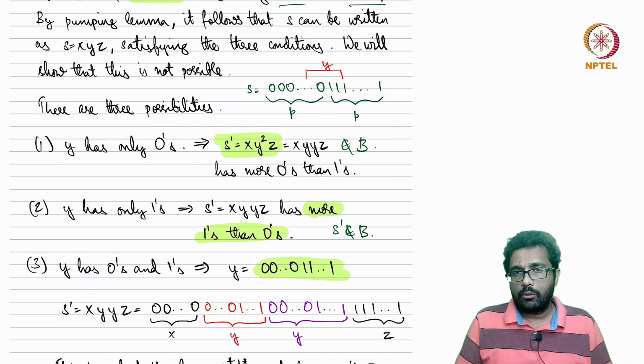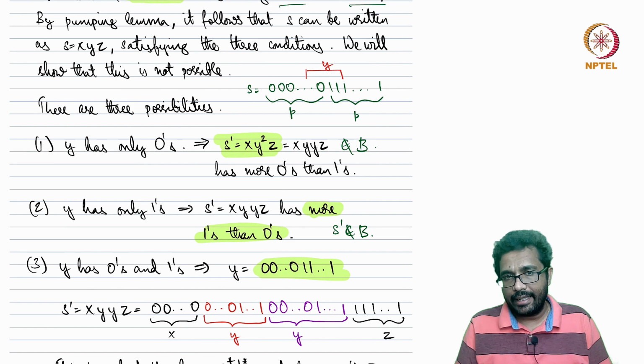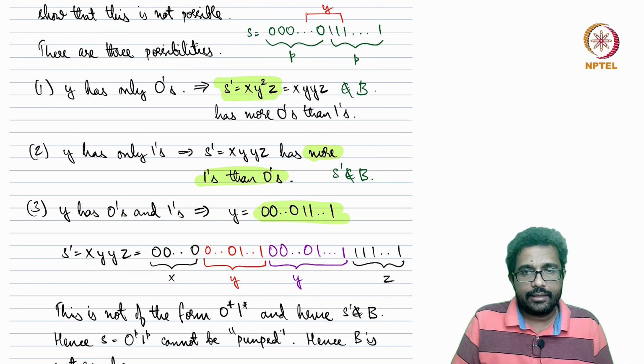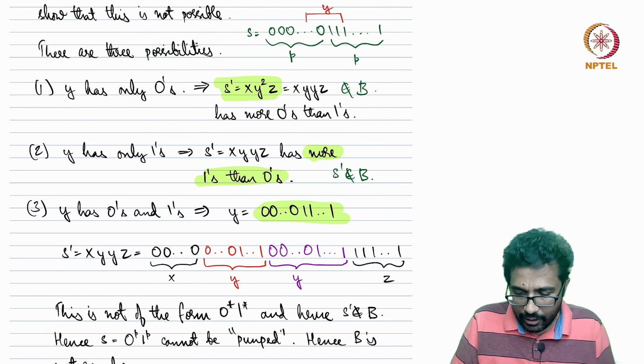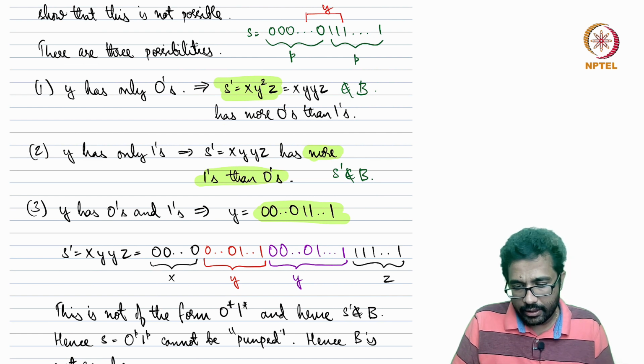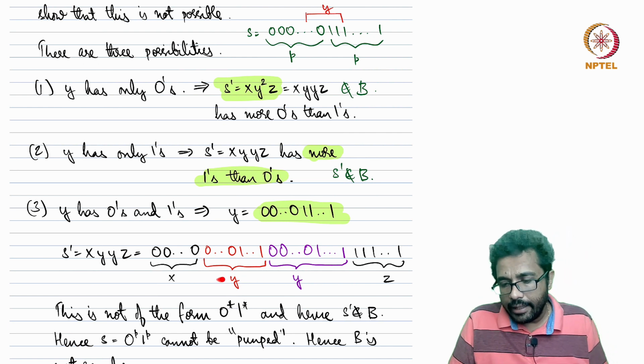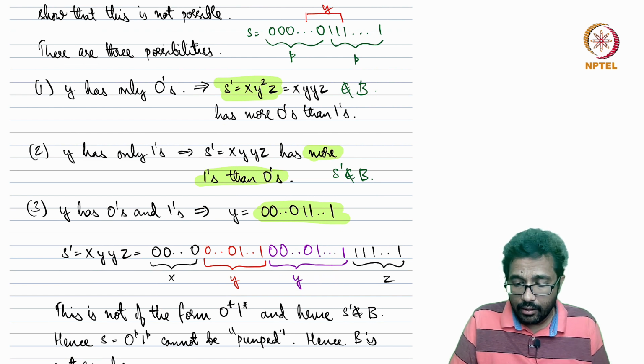So now let us see what shape x, y, y, z has, right. So it will have x which is entirely zeros, y which is zeros and ones, some zeros followed by some ones, right. Then again another copy of y which is some zeros followed by some ones, followed by z which is entirely ones.